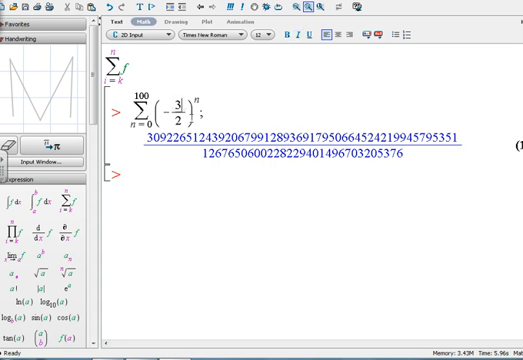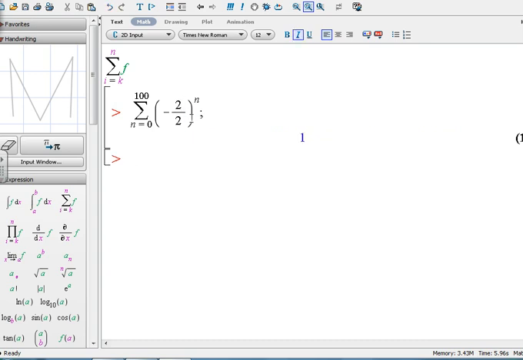But if I put in a minus 2, then I get a 1 if I'm going to 100. And if I go to 1,000, I'm getting a 1. And if I go to 100,001, I get a 0. That's not good.